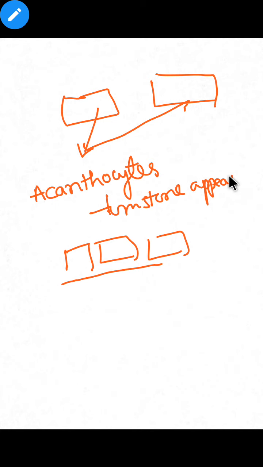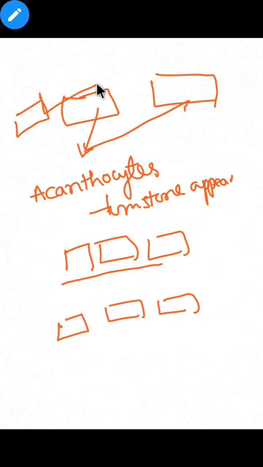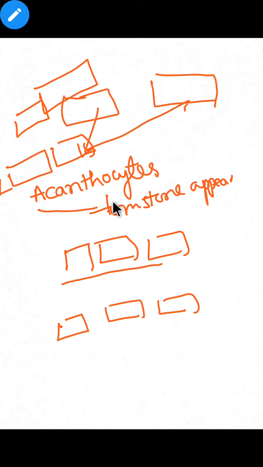The tombstone appearance is because they appear far away from each other. Usually in normal skin they appear close together like this, but now they are appearing far away from each other. This is called tombstone appearance.